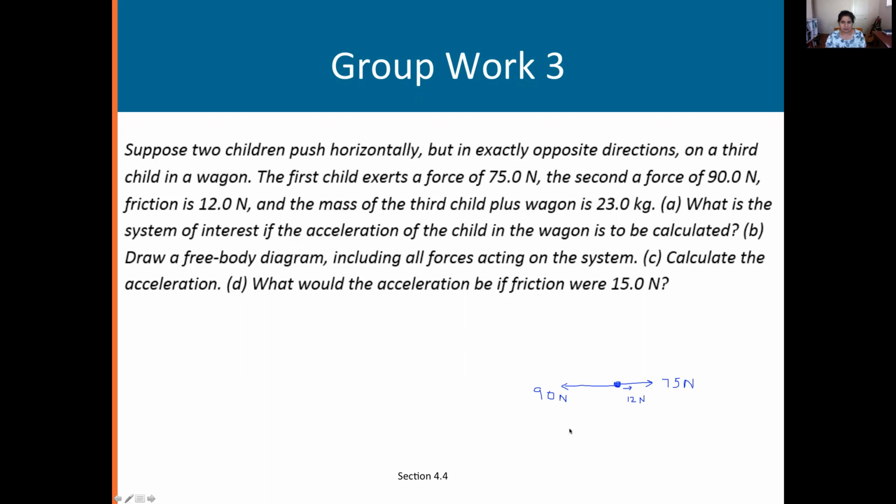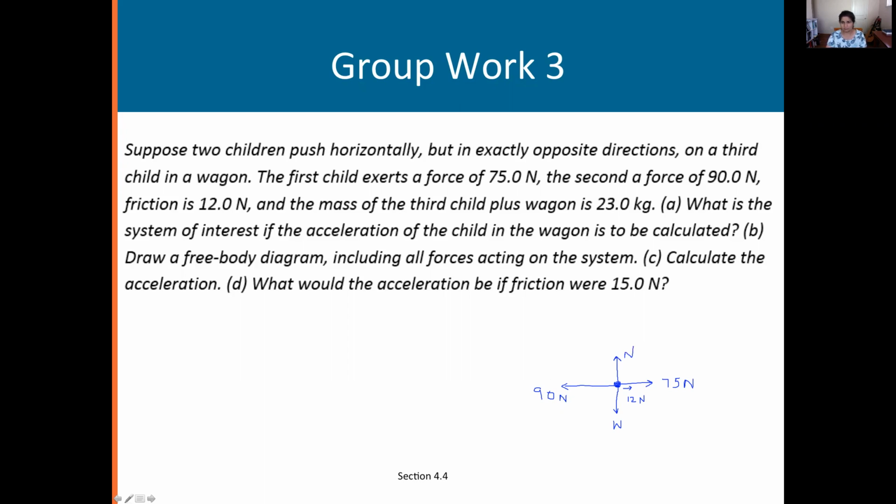Then there are some other forces here. What is this force vertically downwards? This is going to be the weight of the boy in the wagon and an equal and opposite normal reaction. So this would be the free body diagram.